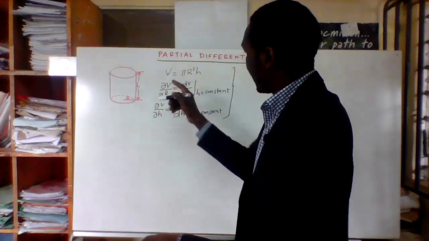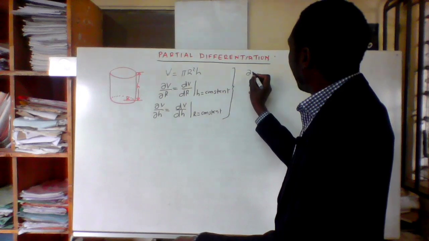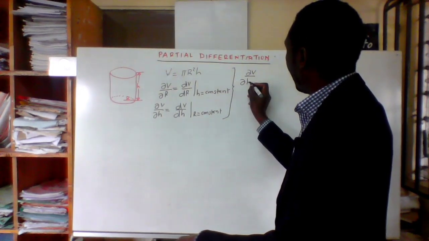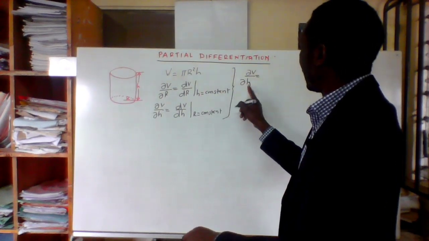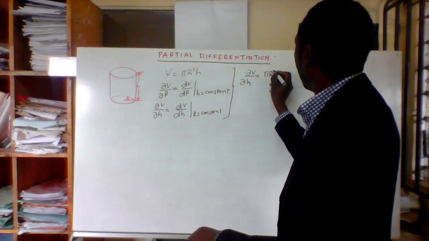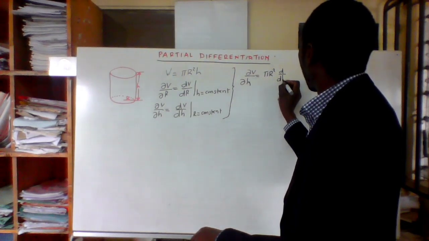So if we look at it a step further, we have the partial derivative of V with respect to h. If we keep r constant, you're going to take everything that is not h outside. So we have pi r squared kept constant. Then we differentiate with respect to h.